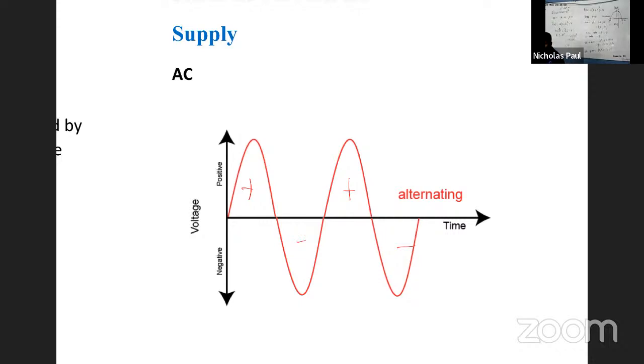As said, it takes a half cycle to change direction. So at one point in time, it's flowing clockwise, and next it's flowing anti-clockwise. That's an alternating supply, and the graph looks like that.